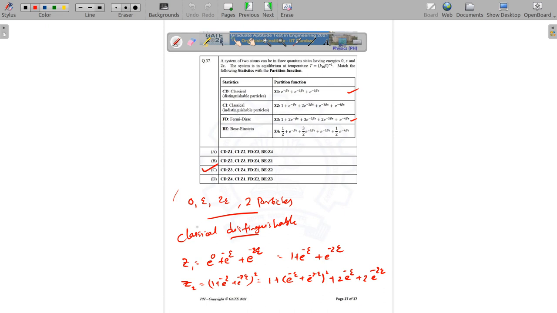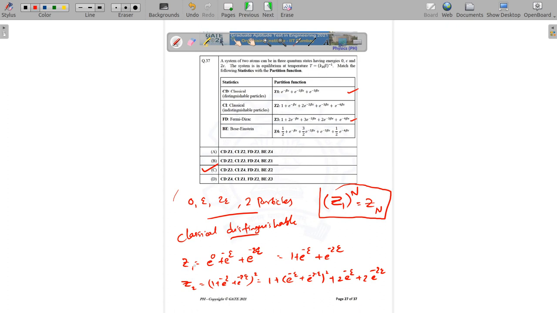So if there are n particles and Z1 is the single particle partition function, then that raised to n will give you the n particle partition function. Non-interacting, that should be noted. The partition function of n particles is basically given by this in the case of classically distinguishable particles.